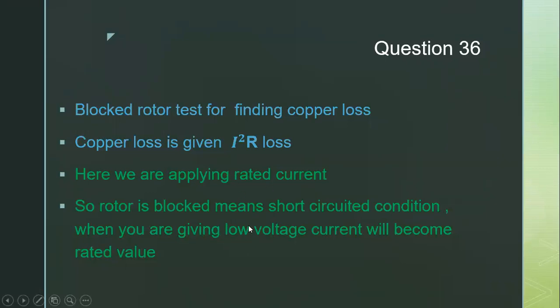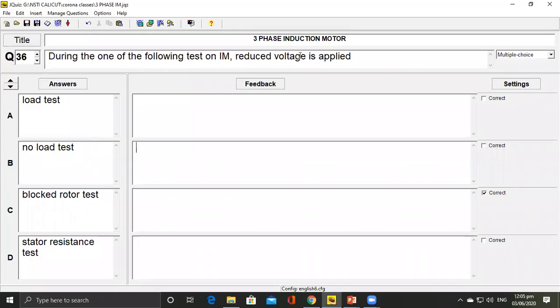You know that in a short circuit condition, when you give a small voltage, the rated current will flow. The current will be a very high value even with a small voltage. So when you give the low voltage, the current becomes the rated value. So the reduced voltage is applied in the blocked rotor test.